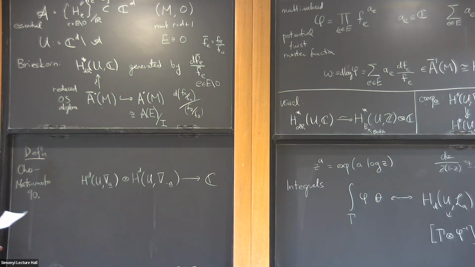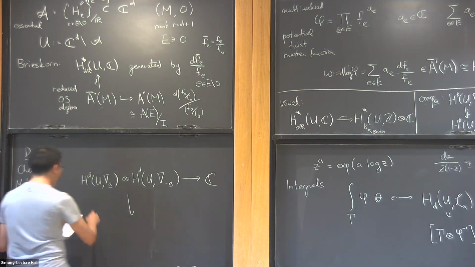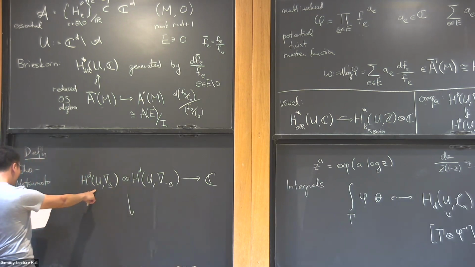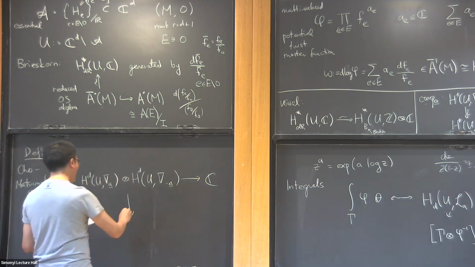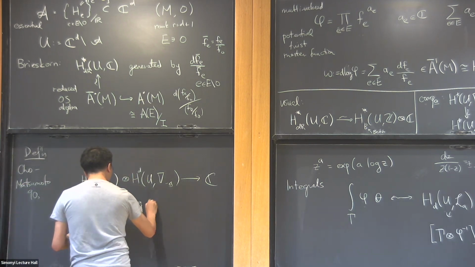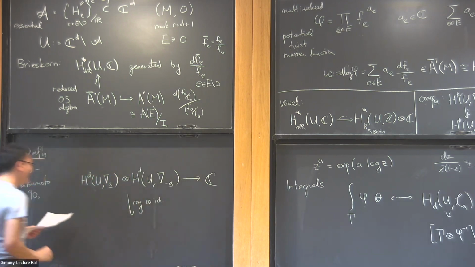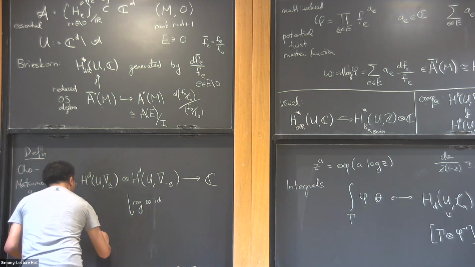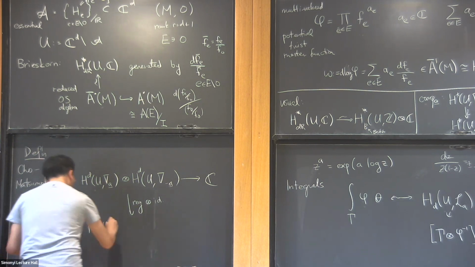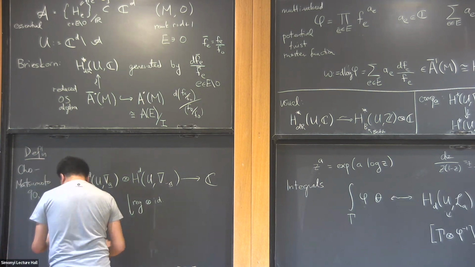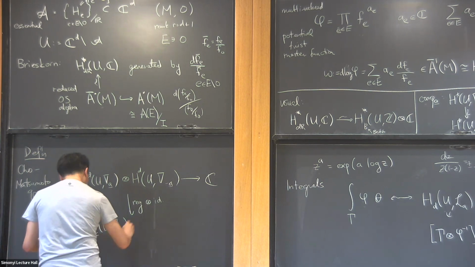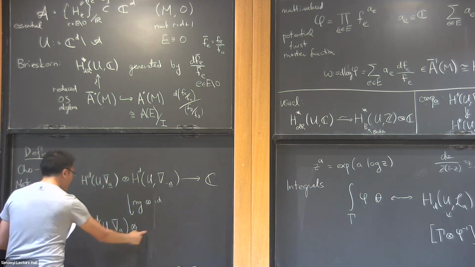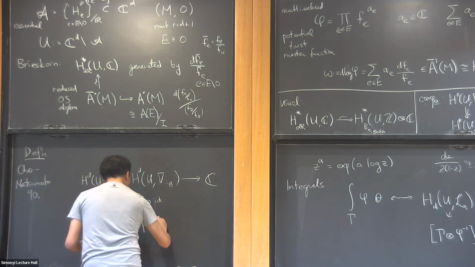And the definition of it is: you take this and apply the map in the comparison theorem to one of the factors. For concreteness, I'll apply it to the first vector. And so now I get a compactly supported cohomology class and a usual cohomology class.